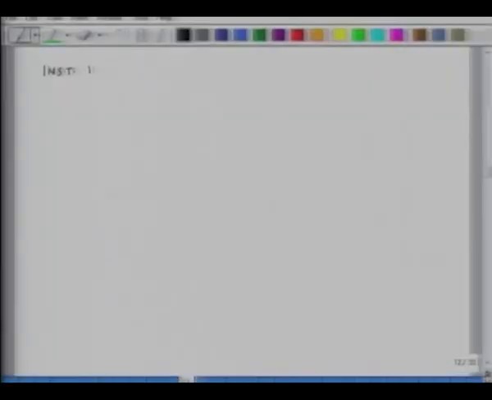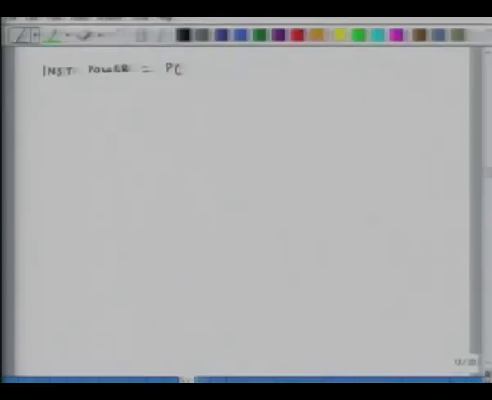So we'll start from the definition of instantaneous power. We had talked about it earlier: instantaneous power is instantaneous voltage times instantaneous current, and in acoustic terms it will be instantaneous pressure times instantaneous velocity. So it is P(t) times U(t).